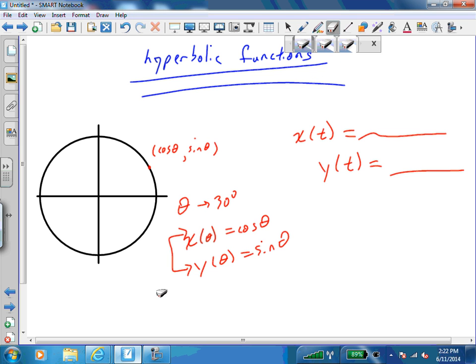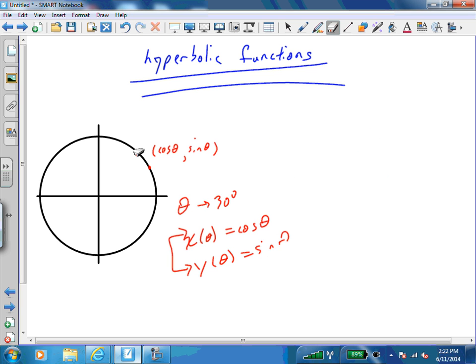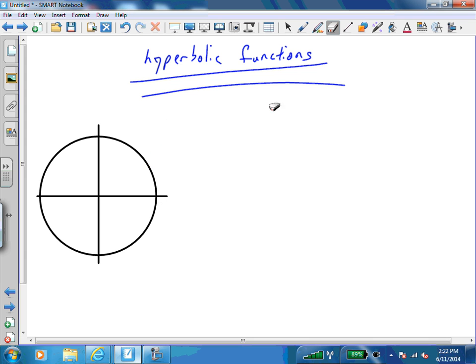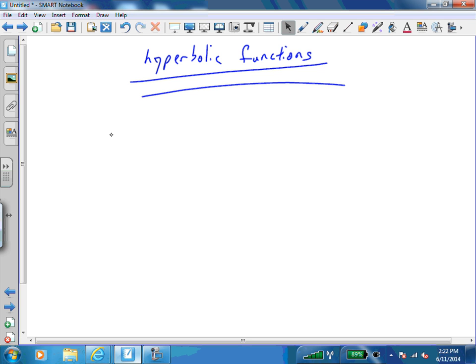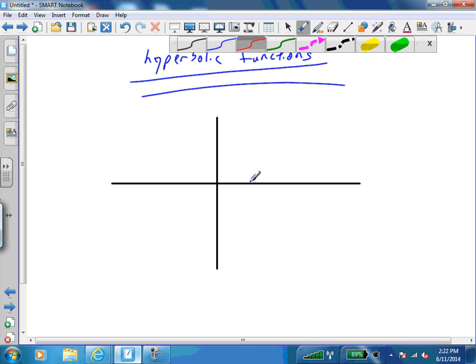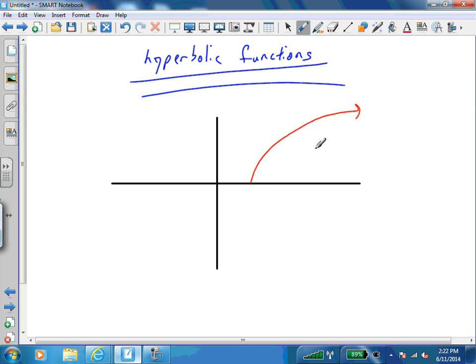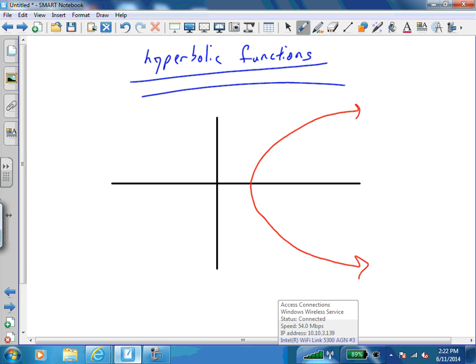Well, since these parametric equations here form a circle, those are called circular functions. The functions we're going to look at today are called hyperbolic functions. And they're basically parametric functions that give us a hyperbola.